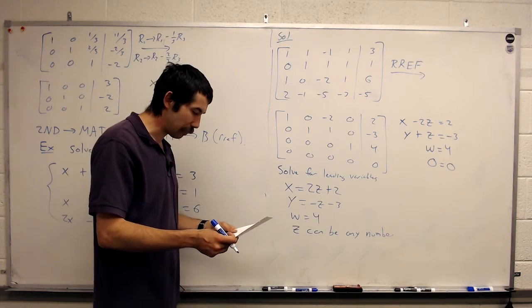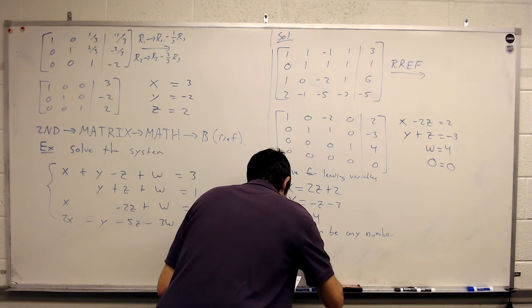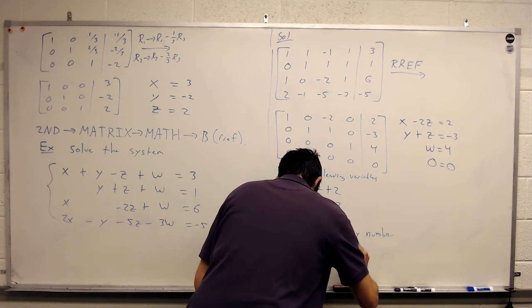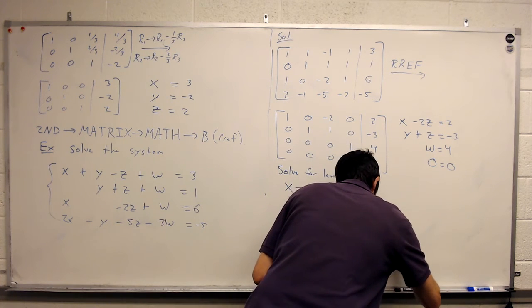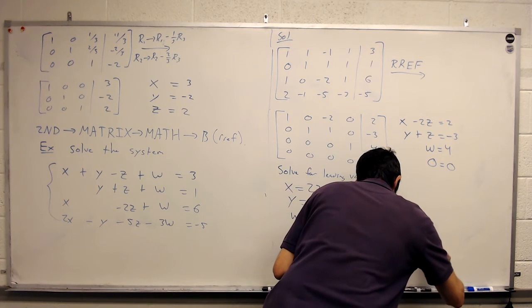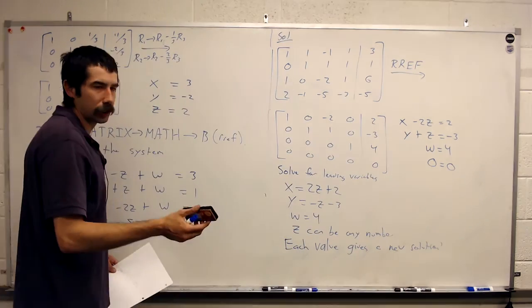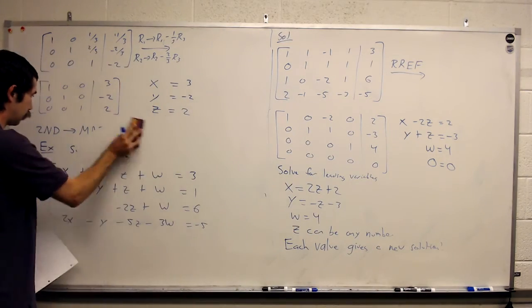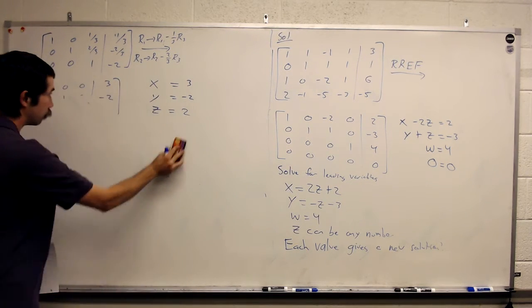Okay, so there's infinitely many solutions. All right, so each value gives a new solution, so there's infinitely many. Let's take a look at another example.